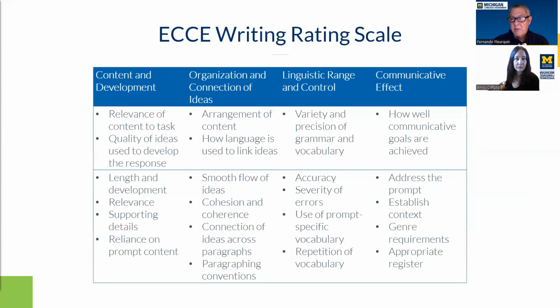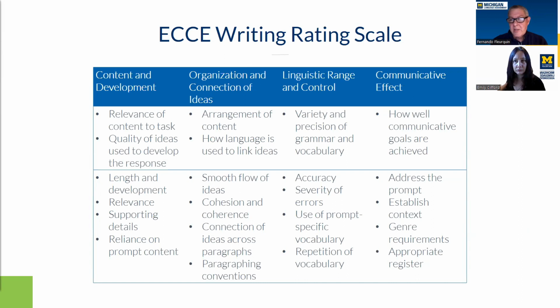It has to be relevant to the prompt that they're trying to respond. And the quality of ideas is what really counts, and how they are developing their argument and the details that they're including, how they're really answering the specific prompt, in their own language, with their own ideas.